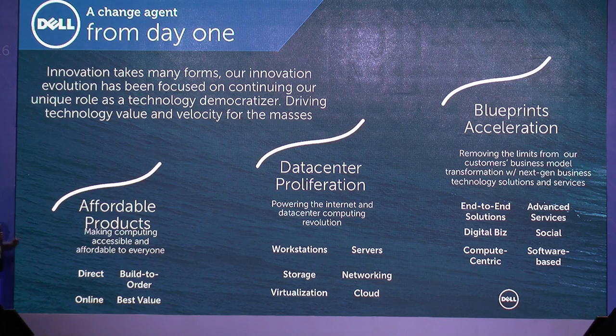We will look at affordable products. We will ensure that we put a desktop and a notebook with power-packed features on every consumer's desk or in his office at the lowest possible price. And that's typically what we did.